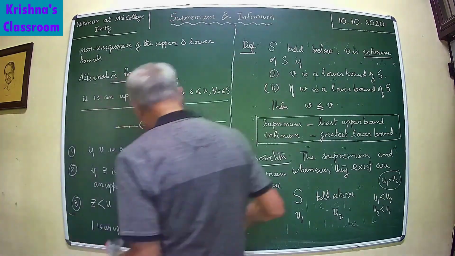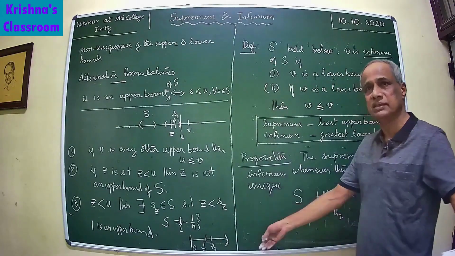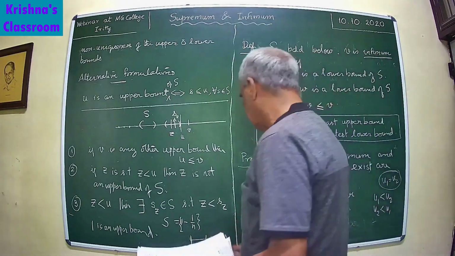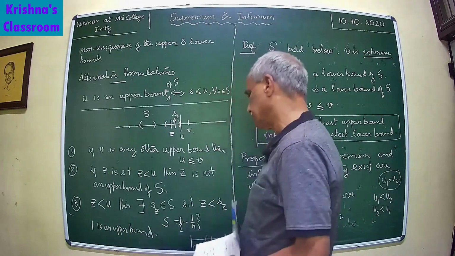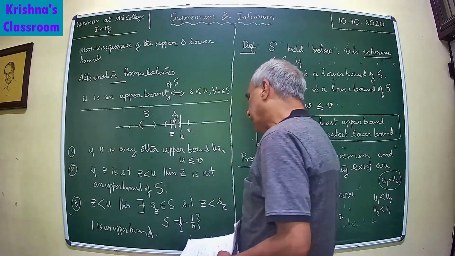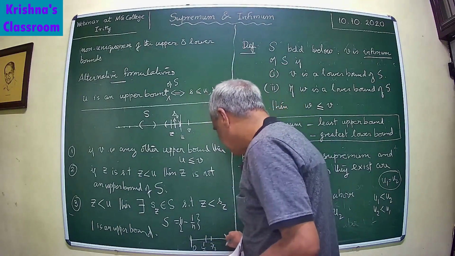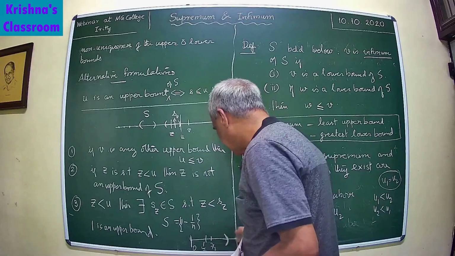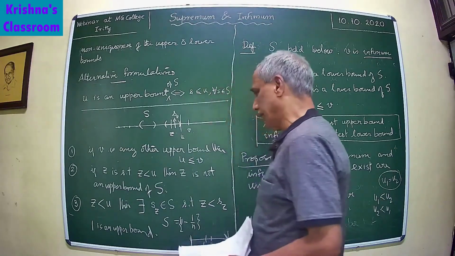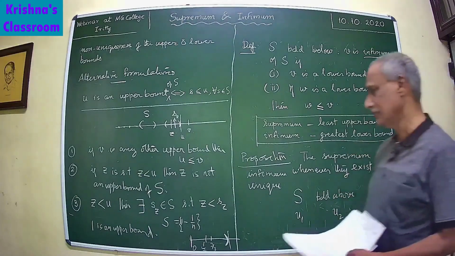In fact, 2, 3, there are infinitely many numbers which form an upper bound for this particular set. Now, what is the least upper bound? You get the gut feeling that it is going to be 1. Now, how do you conclude this?